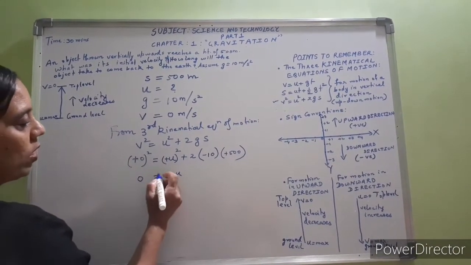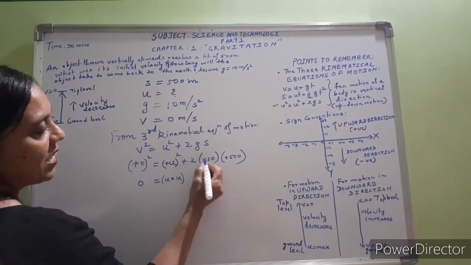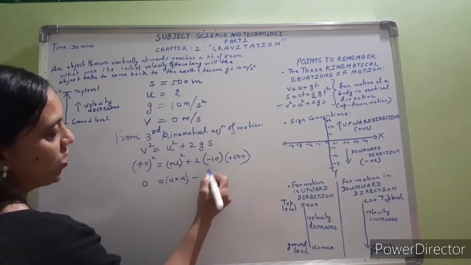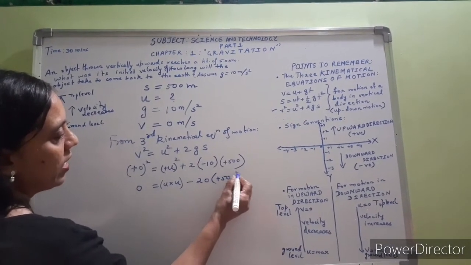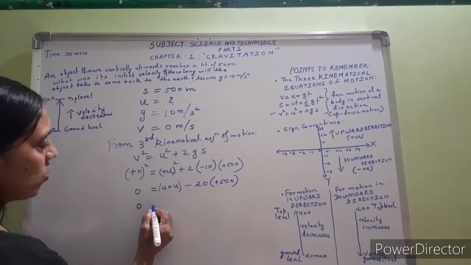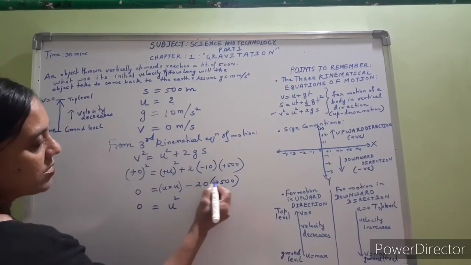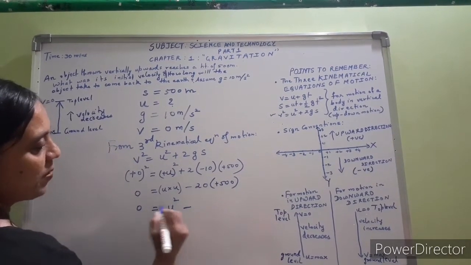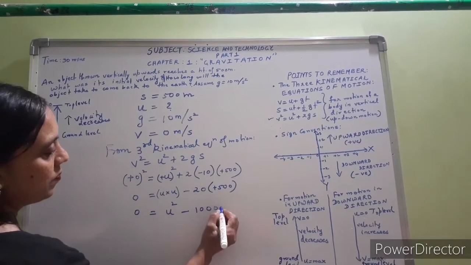So u into u is u square, plus into minus will become minus. 2 into 10 will become 20 into plus 500. Now 0 square is 0, is equal to u into u is u square, minus into plus will become minus. This is algebra. 20 into 500 will become 10,000.